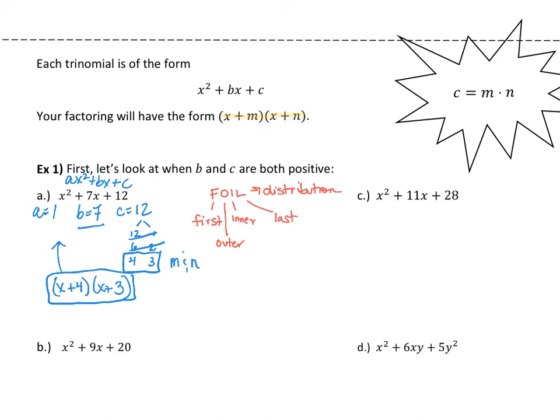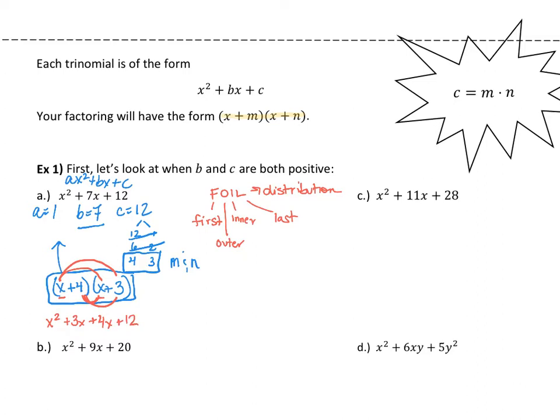So just think of that as the order. So first, your first terms are x and x. X times x is x squared. Your outer, the things that are on the outside, x is furthest out, and so is 3. So we multiply those two to get 3x. Your inners, 4 and x, so 4x. And your last, so the last thing in each binomial, 4 times 3 is 12.